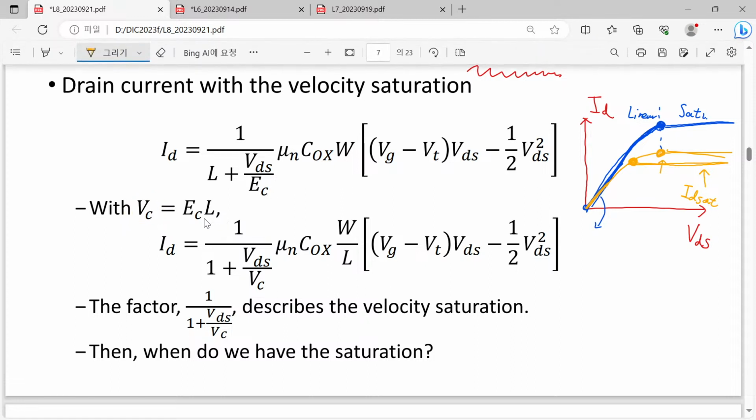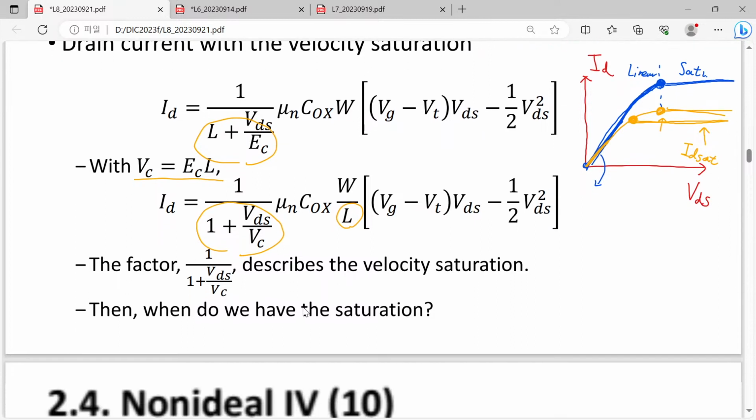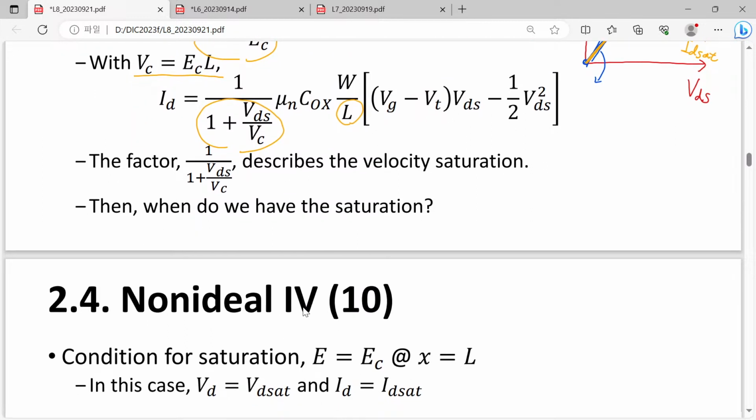With this one, this is just a simple reformulation. We just take it here L, and this is exactly the same as before here. Okay, so then now we understand this factor describes the velocity saturation.